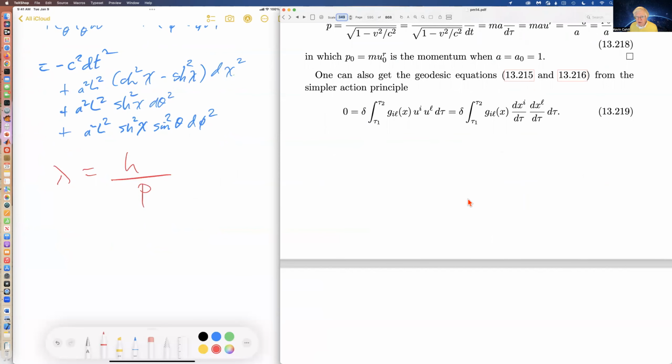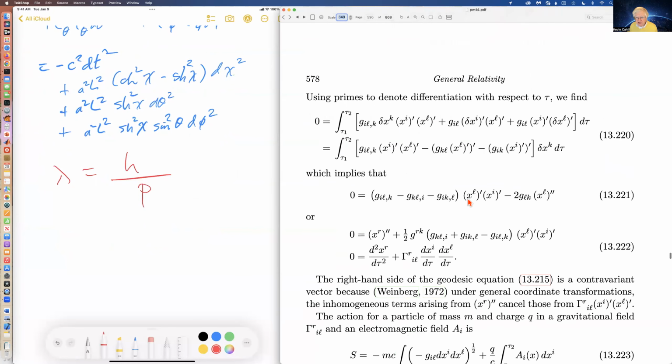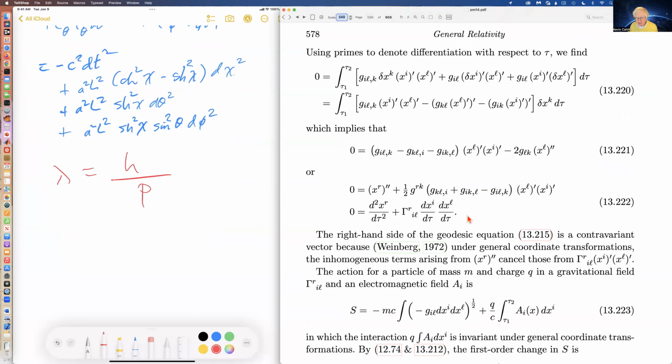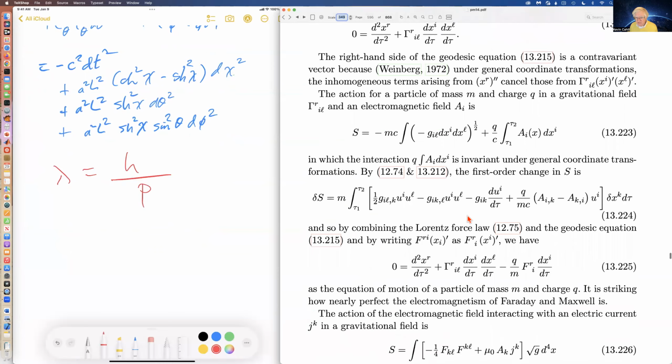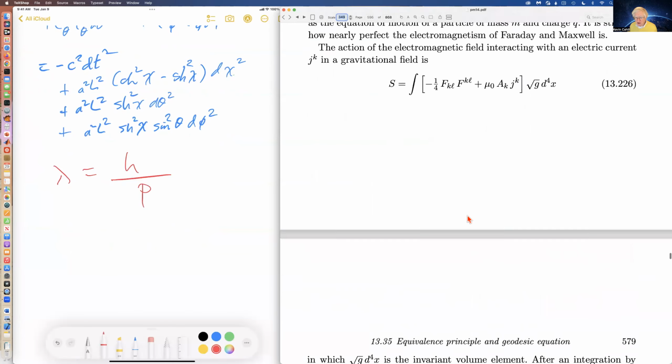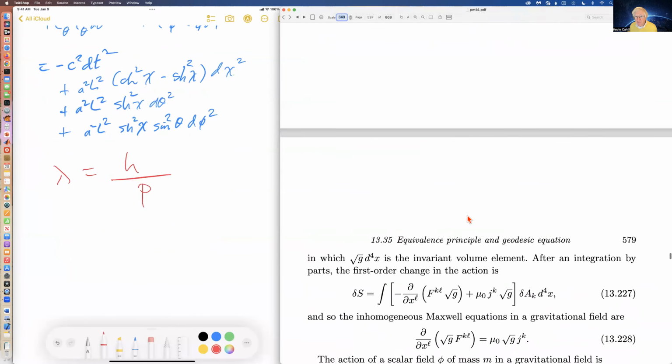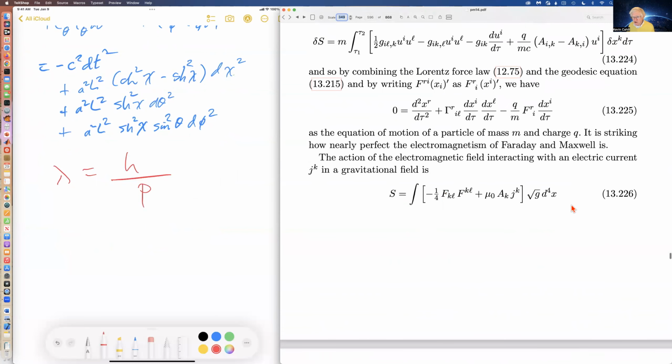There's also a simpler action principle which gives these equations much more simply. And if we now generalize to electrodynamics, you have as your action, well, first you have the invariant volume element, square root of g d^4x, and then you have the ordinary Maxwell action.